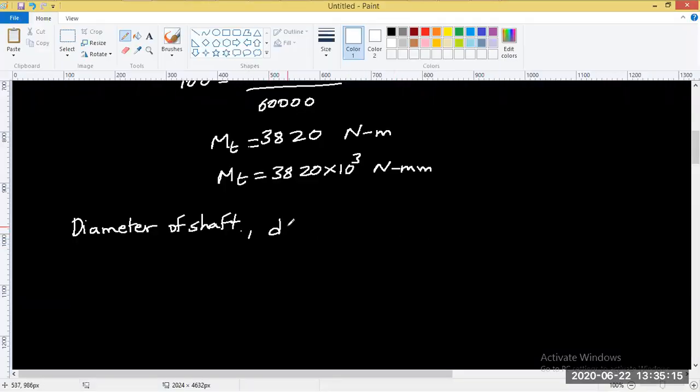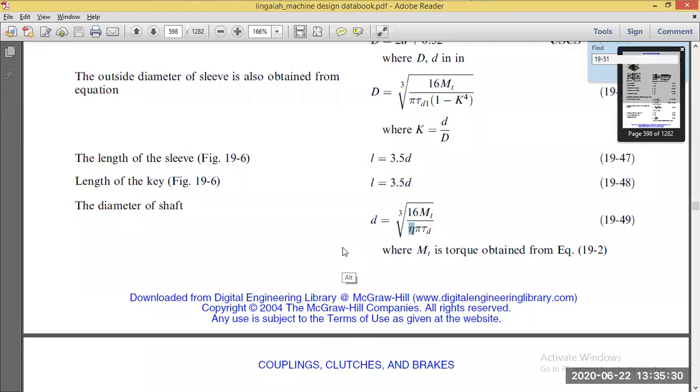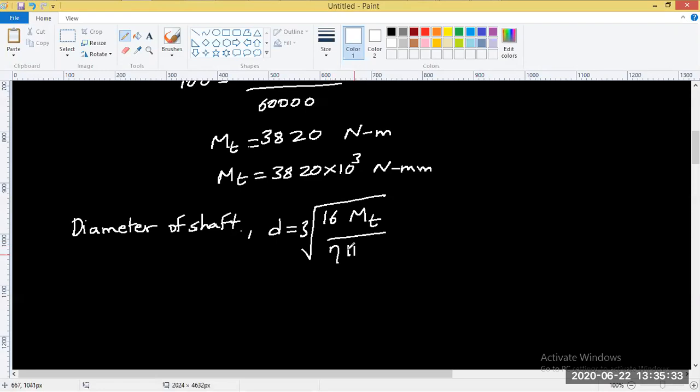So d is the cube root of 16 MT by pi nu tau d. This nu is nothing but the keyway factor.